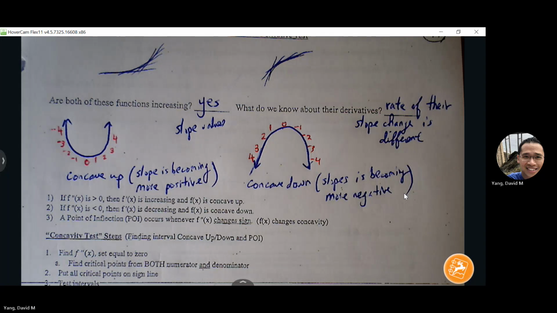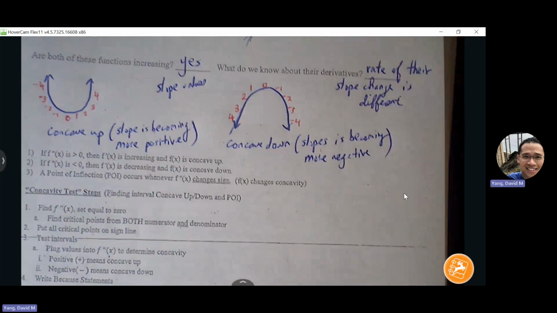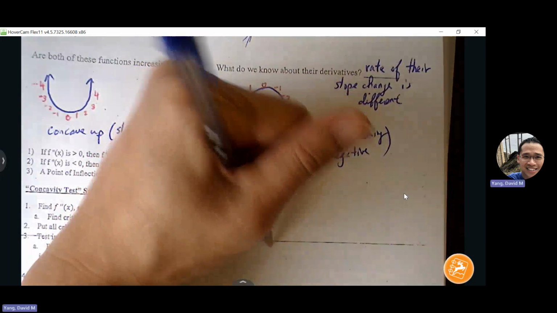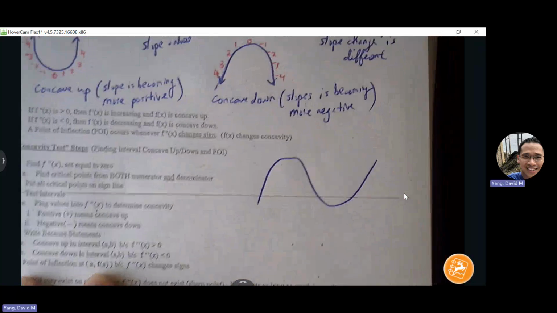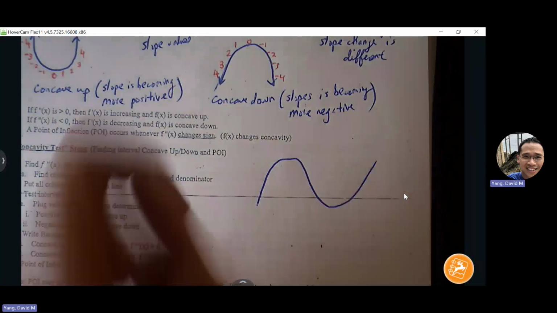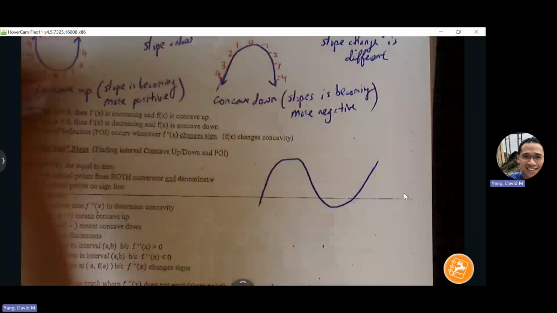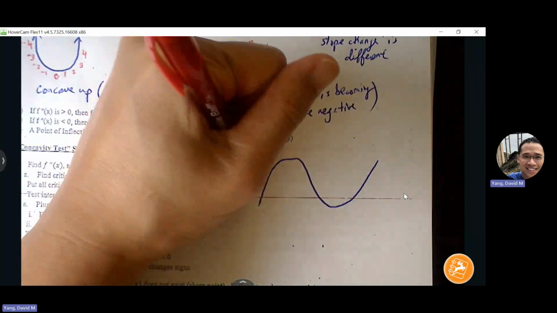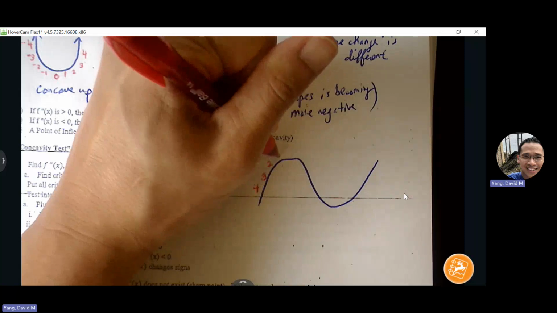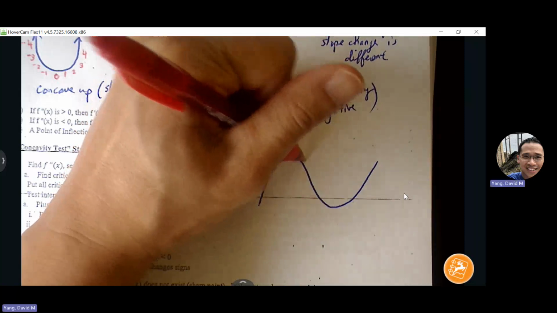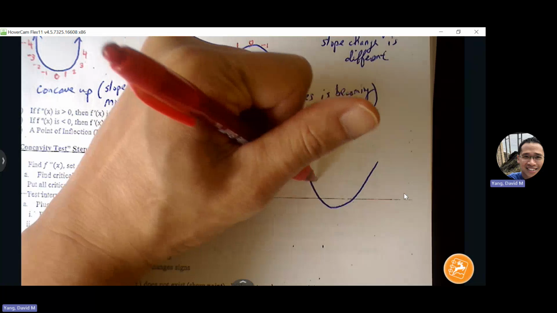Okay. Now let me draw another graph here. And again, I want to show the slope approximations here. This is the slope of 4 potentially, then 3, then 2, then 1/2, then 0, then -1, -2, -3.